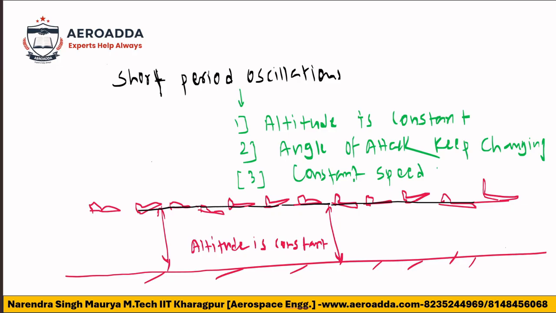Now talking about the next, which is called the long period oscillation. So next one, long period pitching oscillation. See, by the word only you can see the long period pitching oscillation.